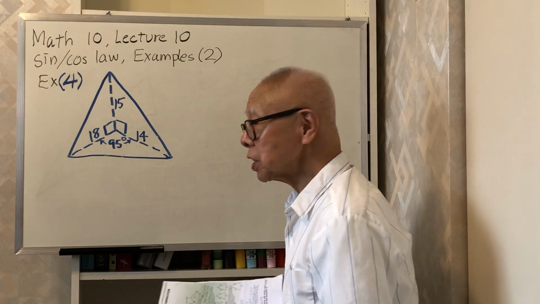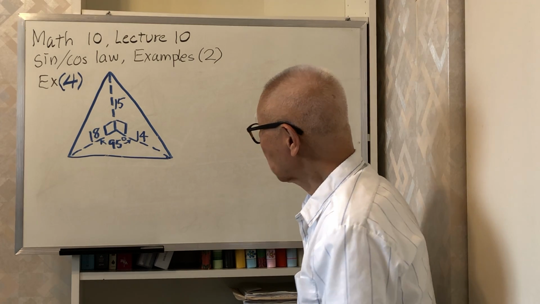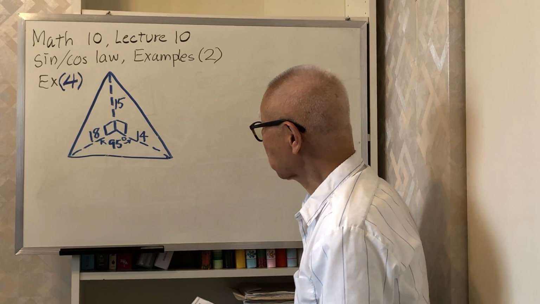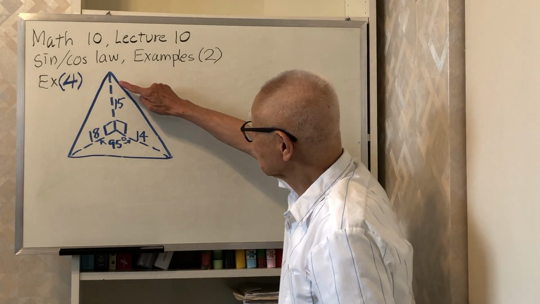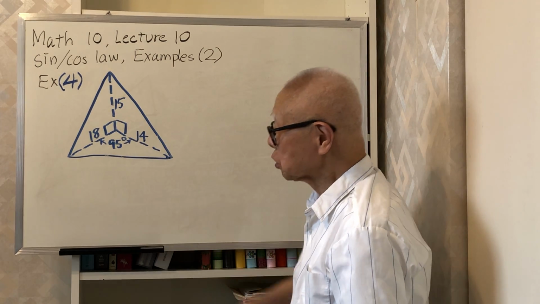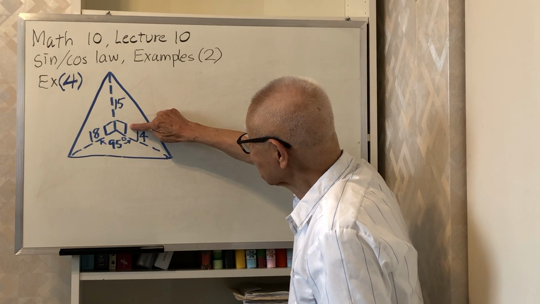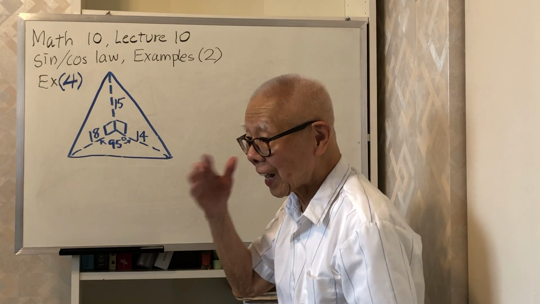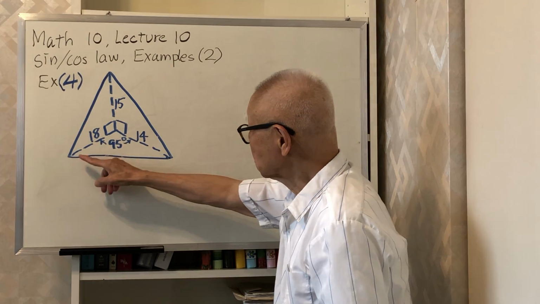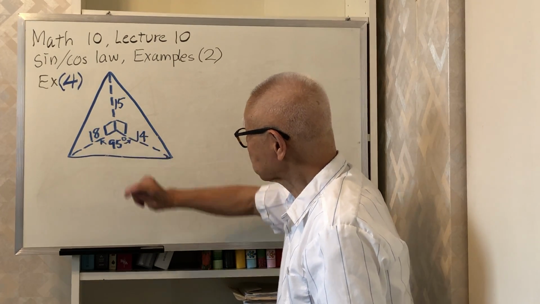Now this is a three-dimensional diagram. Because it's a three-dimensional diagram, this triangle is a right triangle, but in 3D view, this doesn't look like 90 degrees, but it is actually 90 degrees.